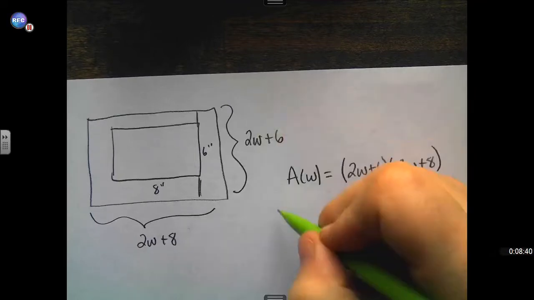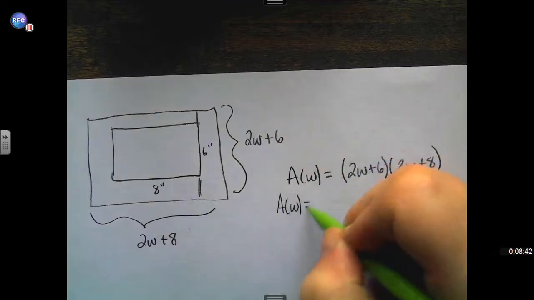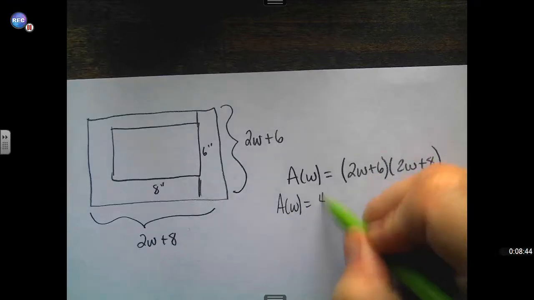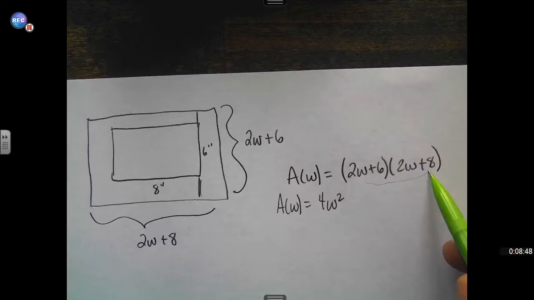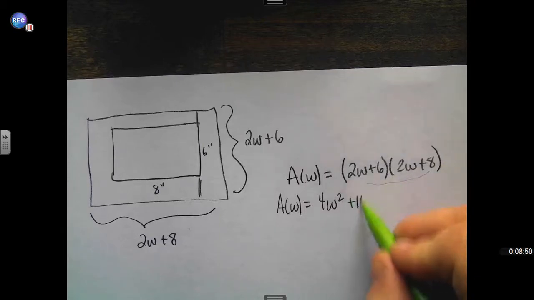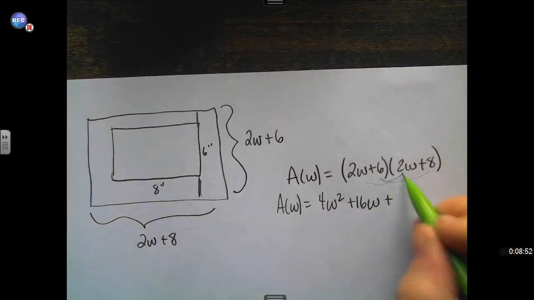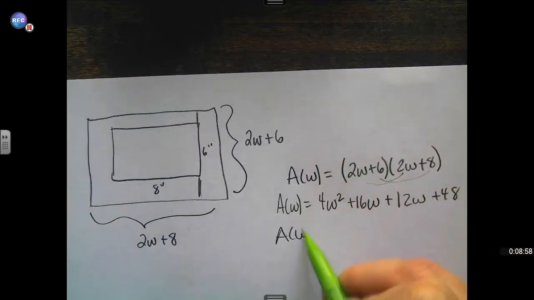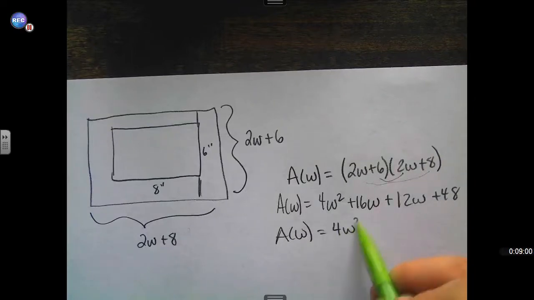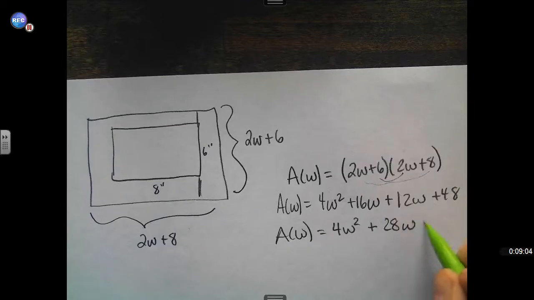Okay, so A of W equals 4W squared plus 16W plus 12W plus 48. Or A of W is 4W squared plus 28W plus 48.